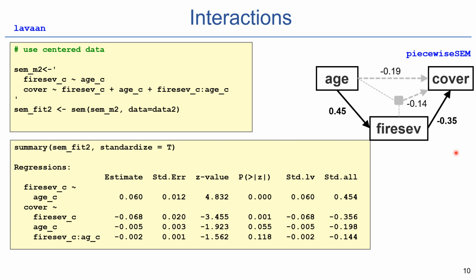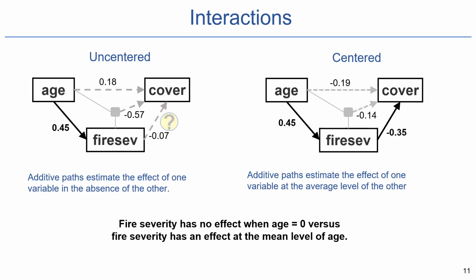And here on the slide, I would like to show you the idea behind using uncentered versus centered variables in the SEM in case we have interactions among these variables. So if we use the uncentered data, then we have high collinearity between the interaction and the variables that have this interaction.